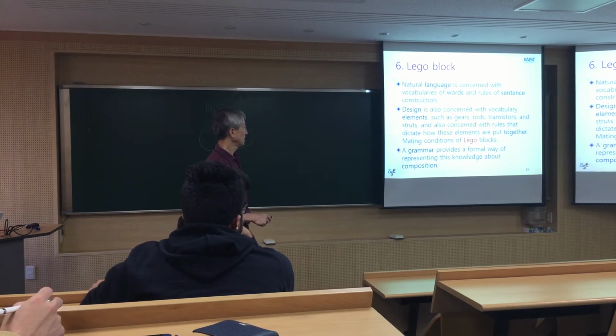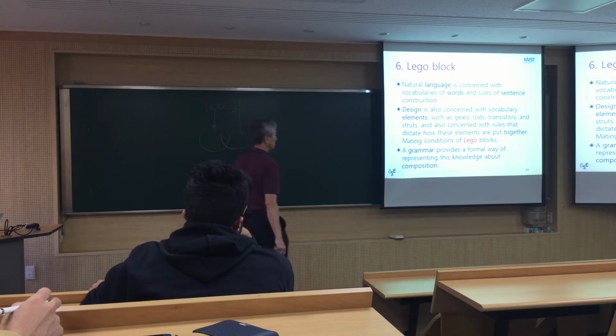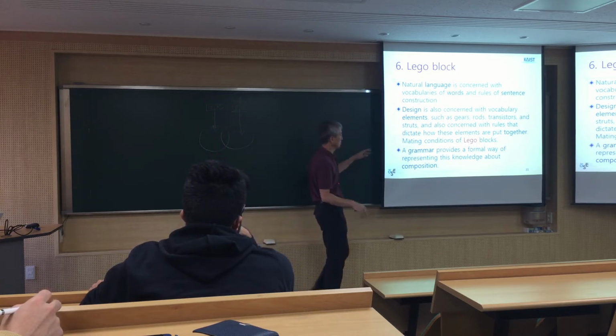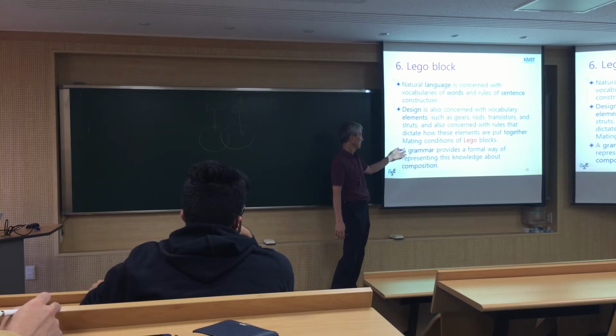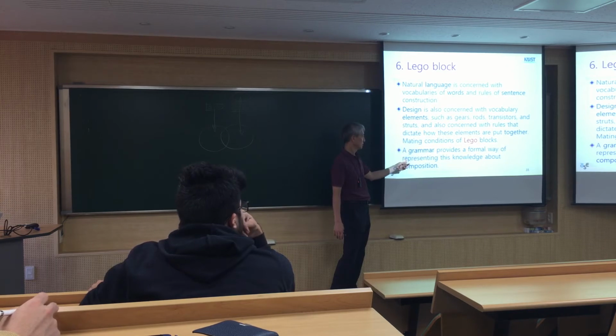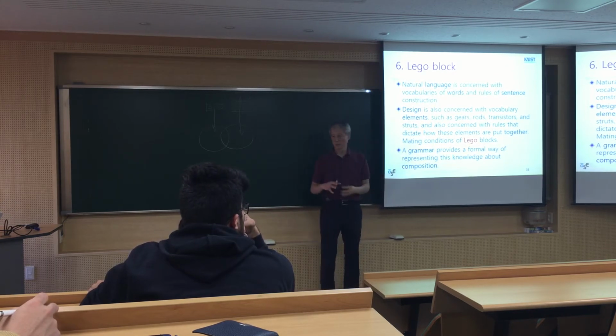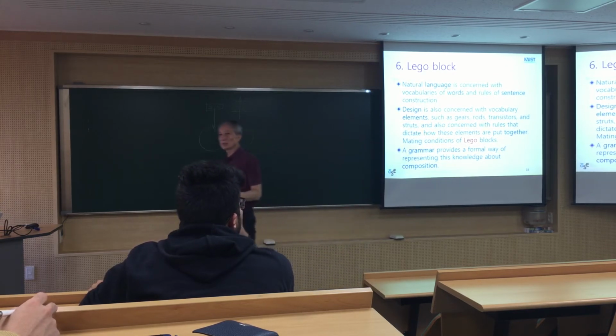So we call this a mating condition of Lego blocks. Very simple, but sometimes there are different cases of mating conditions. Grammar provides a formal way of representing this knowledge, the mating condition, about composition of a sentence.